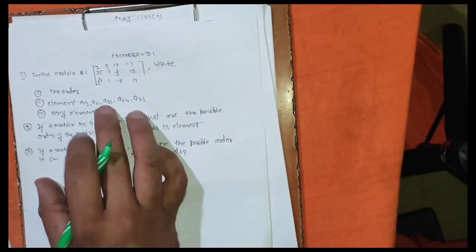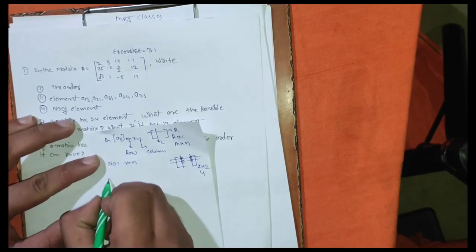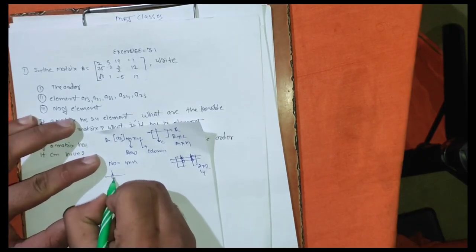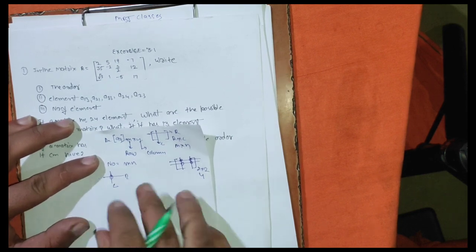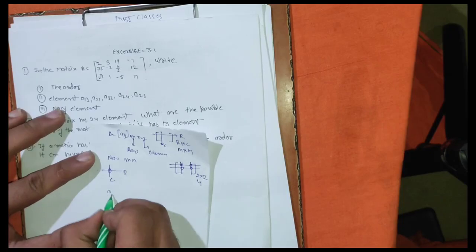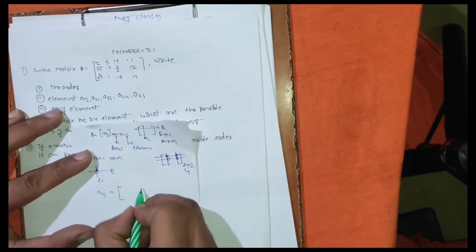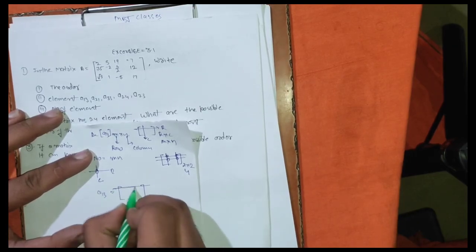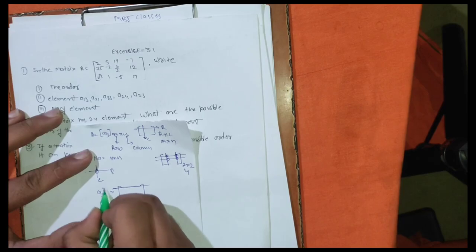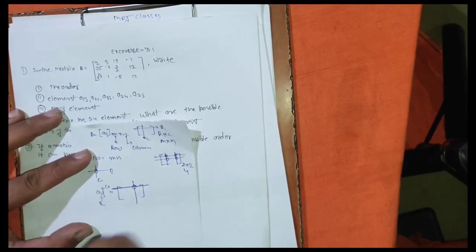Now the question asks for the elements a1,3, a2,3, and so on. We know that any element is basically the intersecting point of a row and a column. If I say a1,3, we talk about the first row and the third column where they intersect.